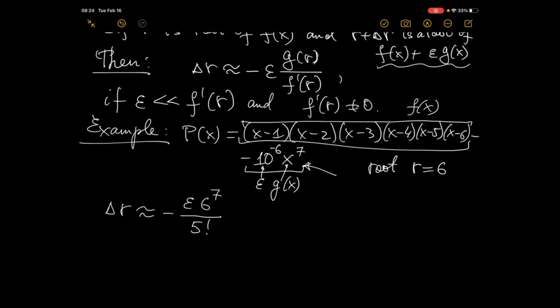Now you remember that epsilon is a really small number, but that is a large number, 6 to the 7th.